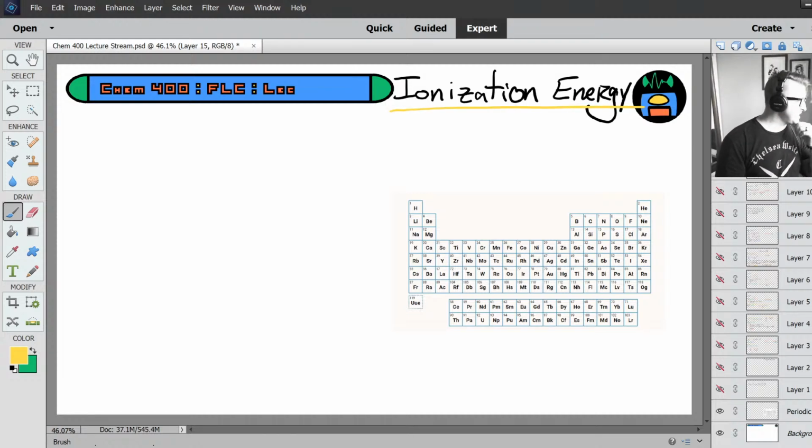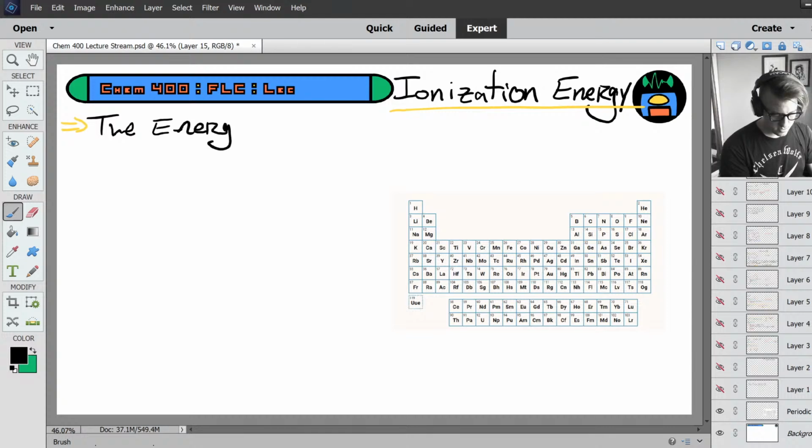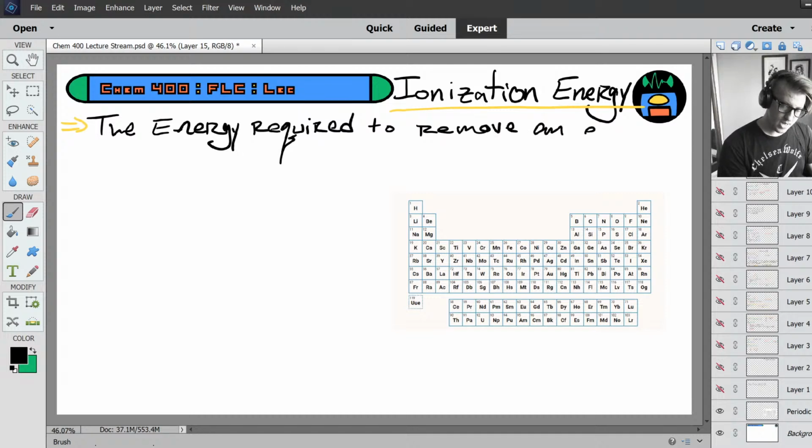All right, ionization energy is the energy required to remove an electron from an atom.